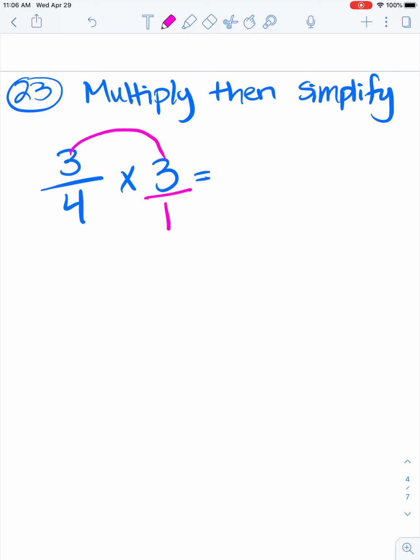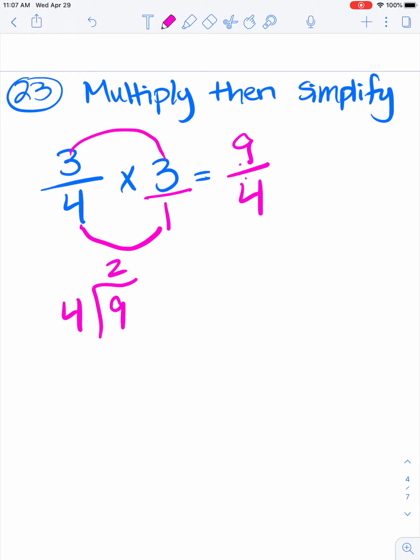Multiply, then simplify. We've got a whole number over 1. Numerator times my numerator equals 9. Denominator times my denominator equals 4. We call this improper because our numerator is greater than our denominator, so we need to divide. 9 divided by 4, that goes in 2 times with a remainder of 1.